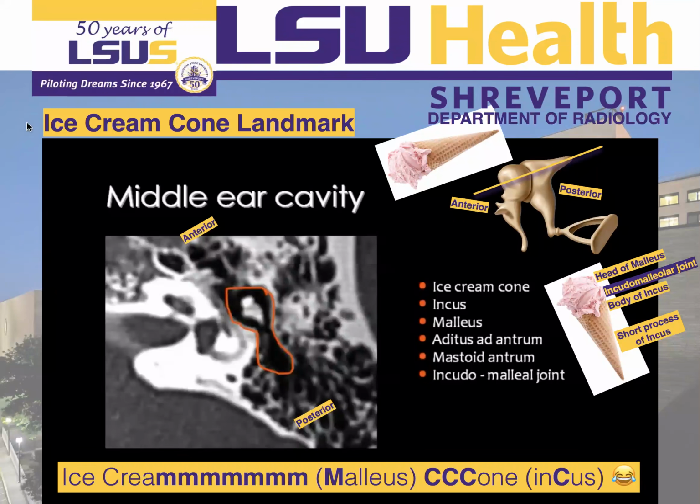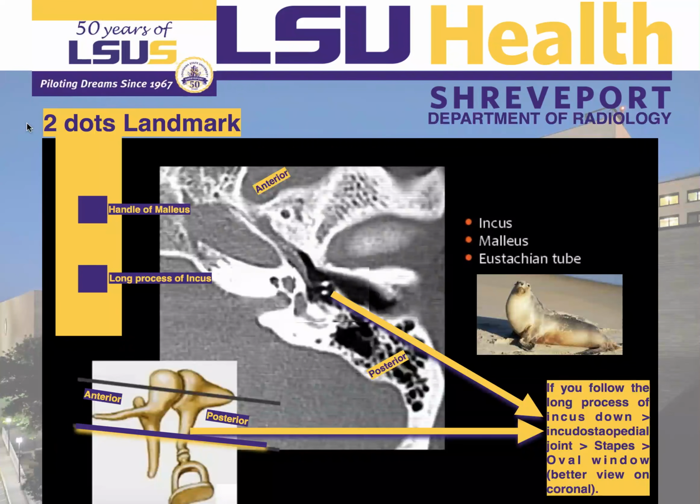So this is our first landmark. You always have to look for this ice cream cone. If you don't find this ice cream cone, it's probably because there is some dislocation between these two ossicles. So pay attention to that.